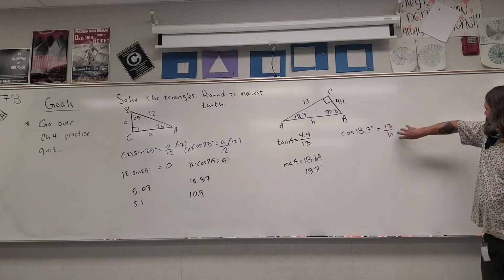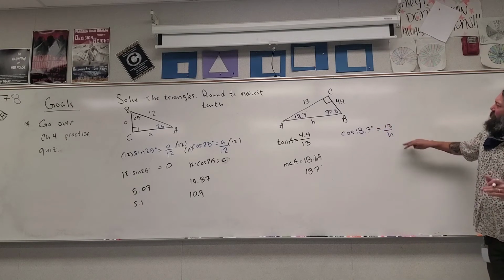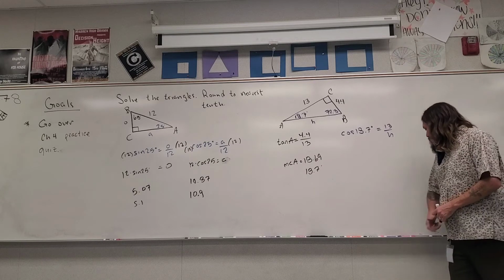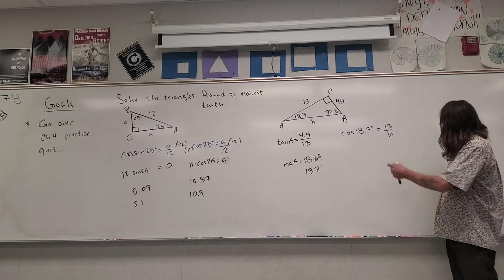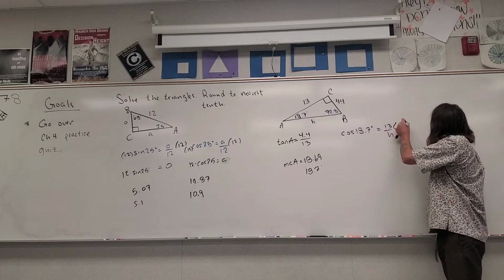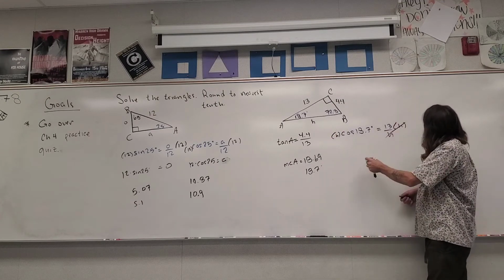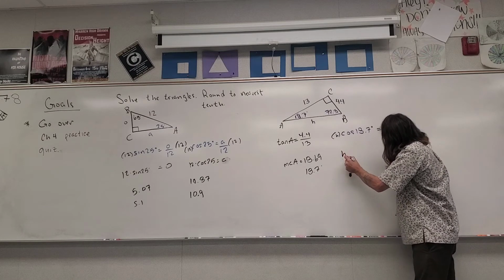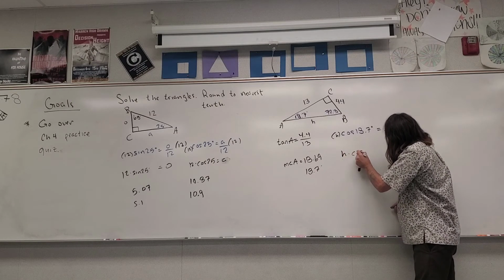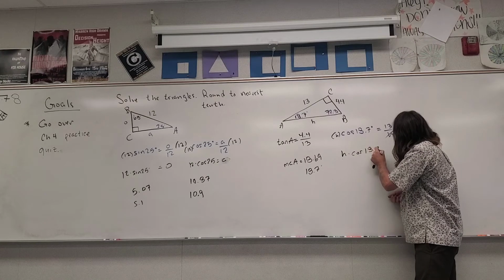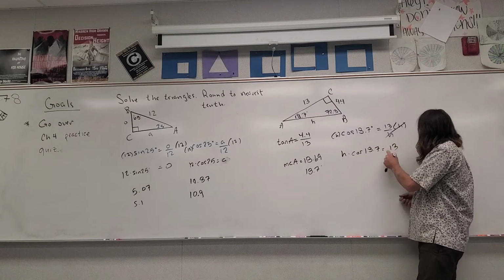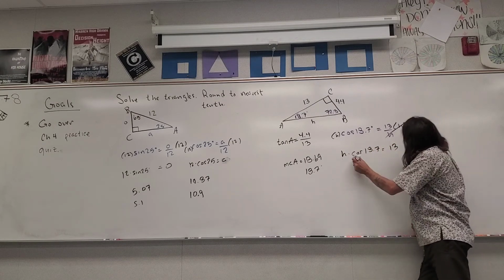Again, I want to see the equation set up. Just show me you know how to set them up. Let's eliminate the fraction by multiplying everybody by the denominator. Now I'm left with the hypotenuse times the cosine of 18.7 is equal to 13. Let's divide out the cosine of 18.7.